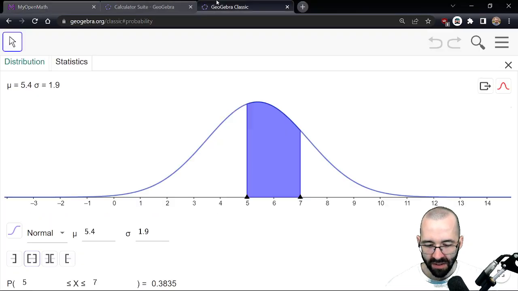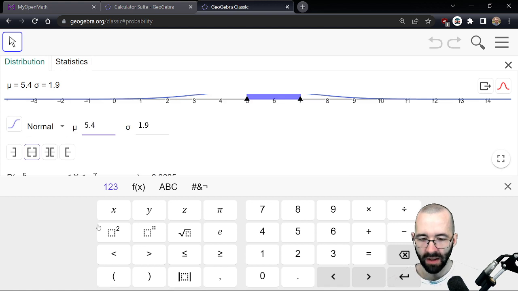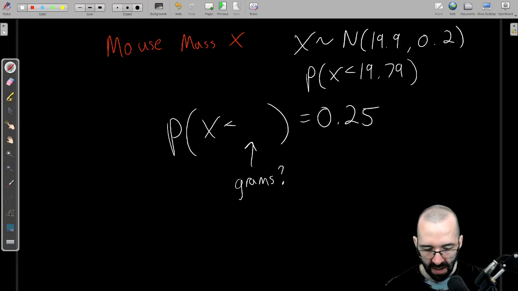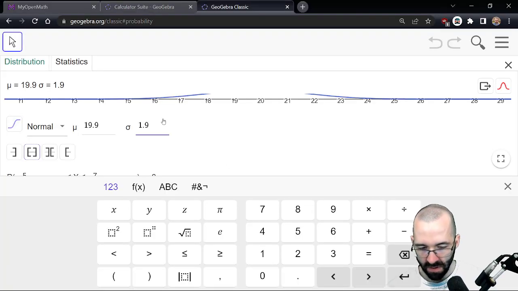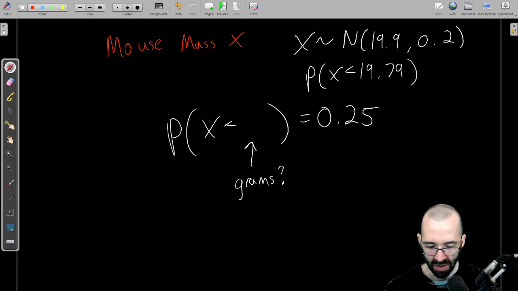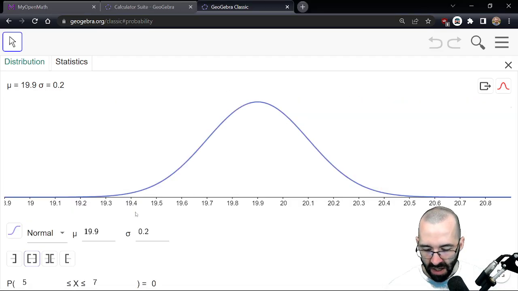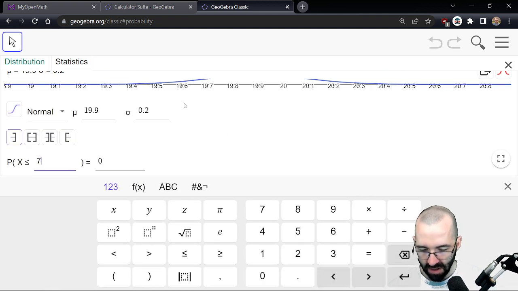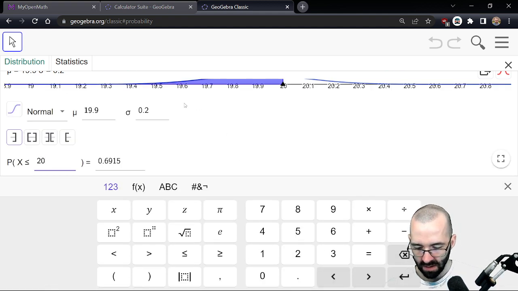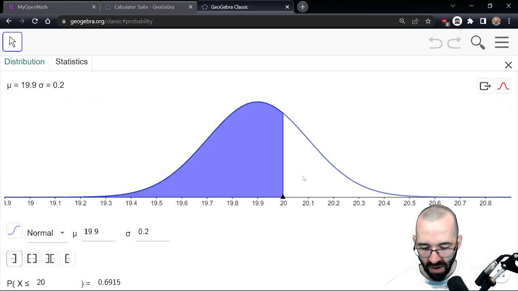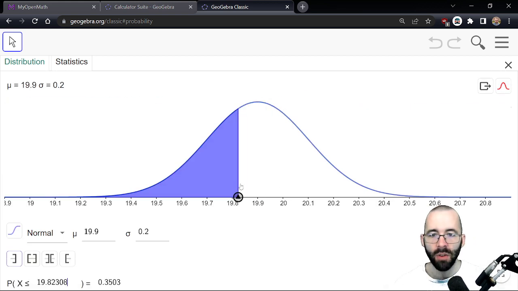And you can play around with this a little bit. Let's type in everything. 19.9, right? And 0.2. Make sure I typed it in right. Mean and standard deviation looking good. You go to your graph and say, okay, where do we have to have this so that it's about 25%?